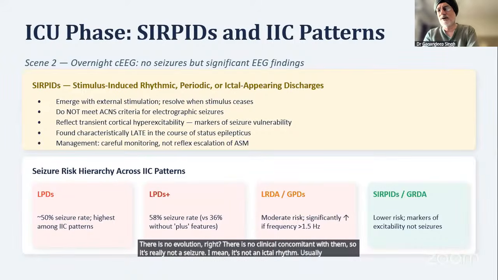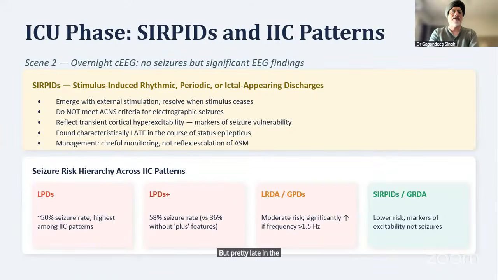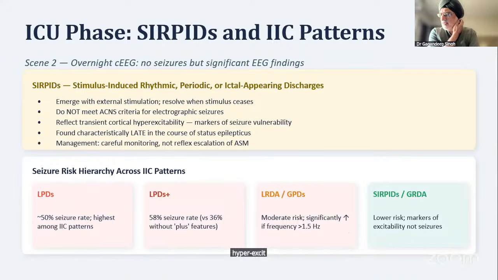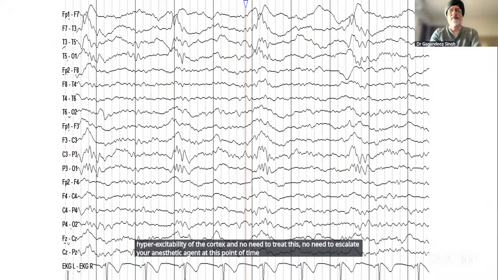Usually it is found pretty late in the course of status epilepticus, right? Not in the early stages of status epilepticus, and just means increased hyperexcitability of the cortex. And no need to treat this, no need to escalate your anesthetic agent at this point of time, right? Next slide.